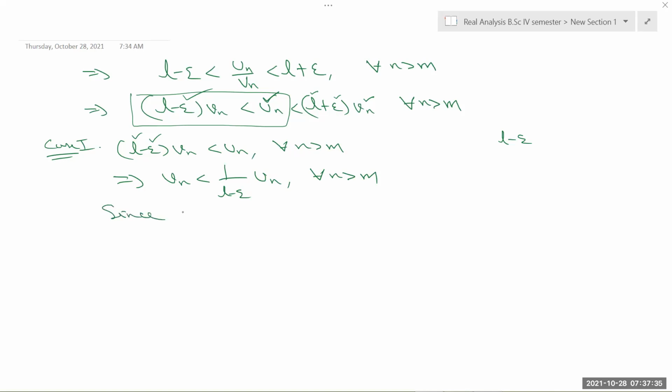Now, since this is true for every epsilon, I can choose epsilon greater than 0 such that L minus epsilon is also greater than 0, so that this inequality is maintained.